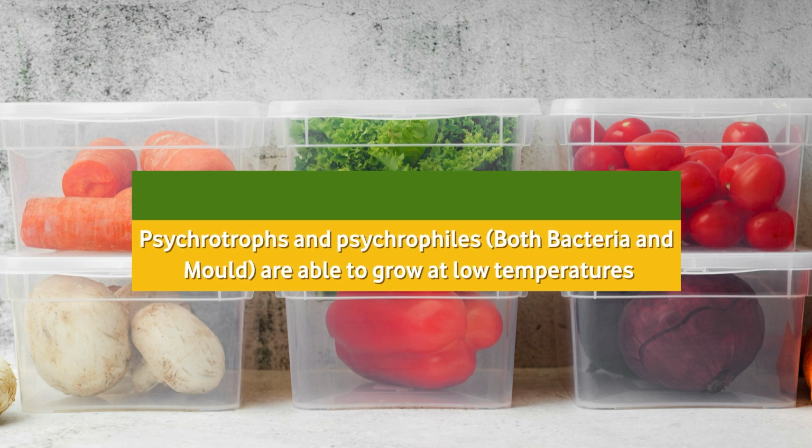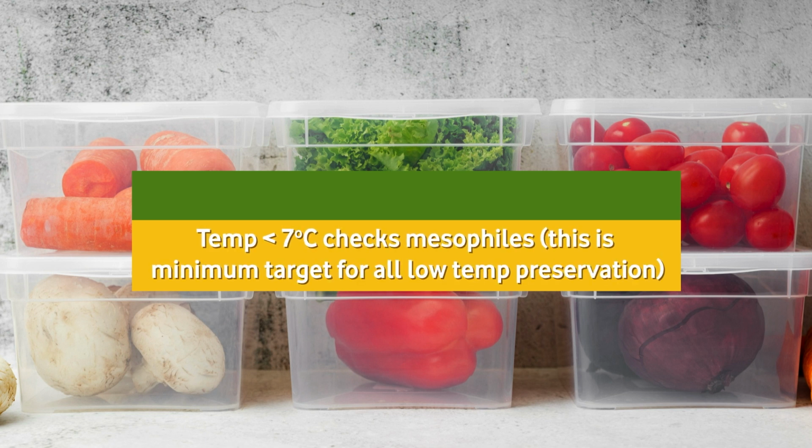Psychrotrophs and psychrophiles, either bacteria or mold, are able to grow at low temperature, as I've just explained. It is important to look at this in terms of low temperature storage or low temperature preservation of the food. The temperature of 7 degrees centigrade acts as a boundary below which most of the mesophiles stop growing.